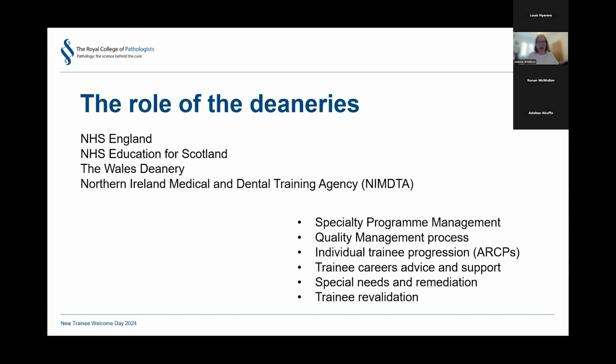And then just to be clear about the role of the deaneries, again, I think when you're starting as a trainee, there are so many different organisations overseeing your training, delivering your training. It can sometimes be a bit tricky to understand exactly who does what. But the deaneries are delivered through the Four Nations.